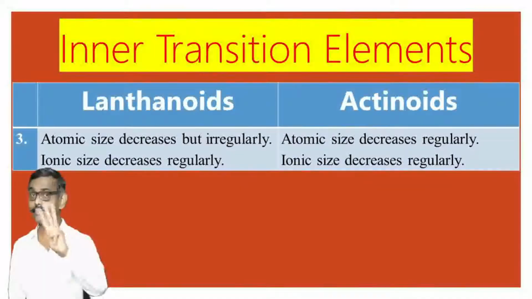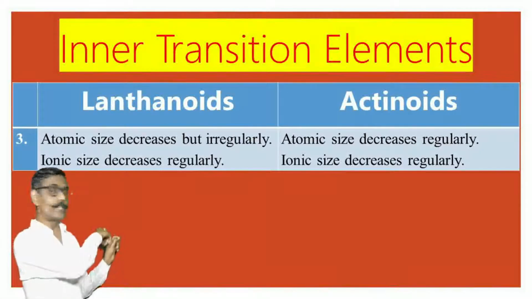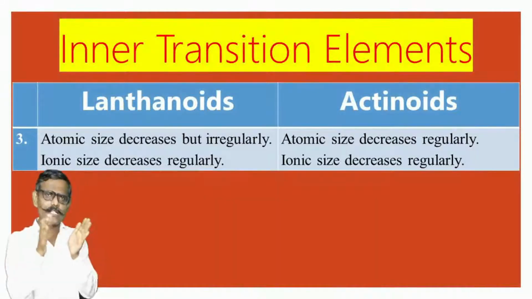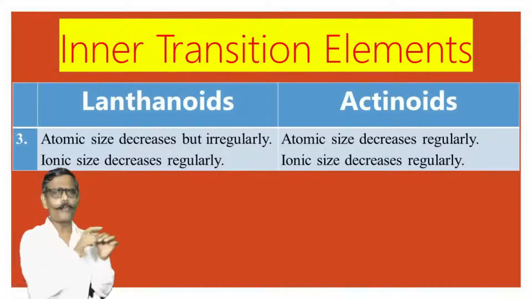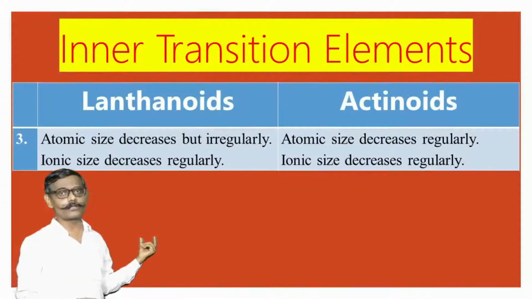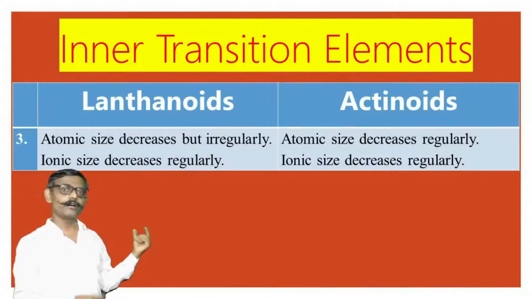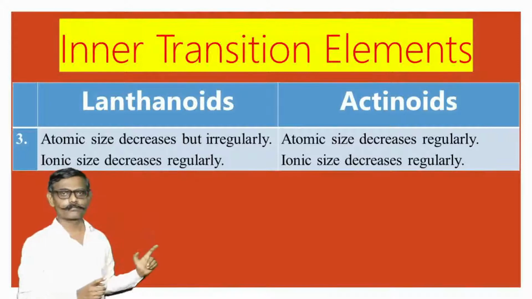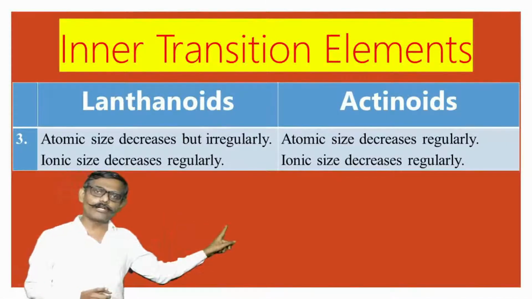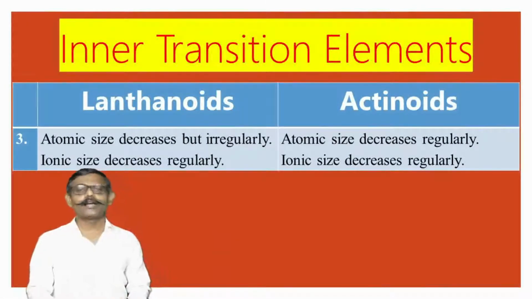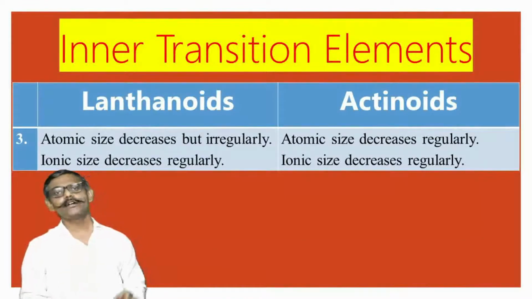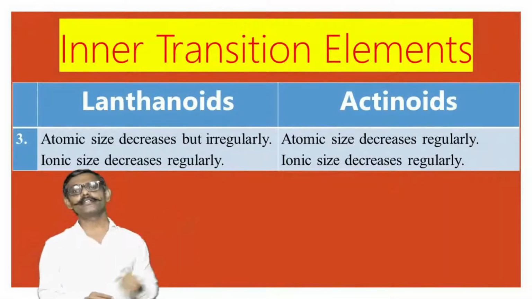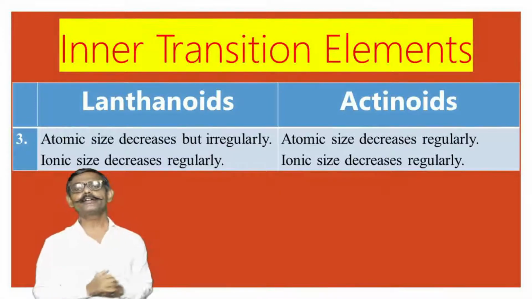Now point number 3: in lanthanoids, atomic size decreases, but the decrease is not uniform. But ionic size regularly decreases. For actinoids, atomic size as well as ionic size decreases regularly and uniformly.